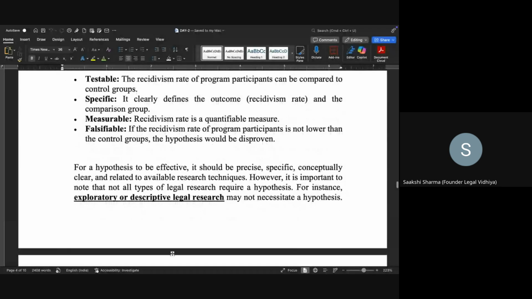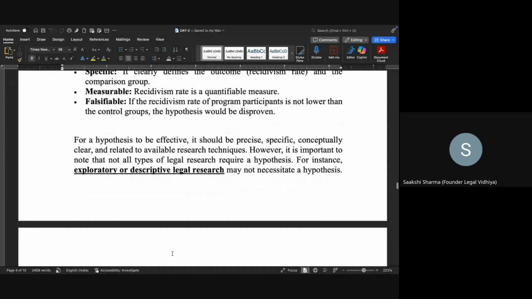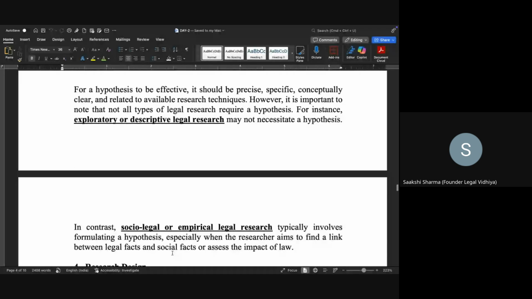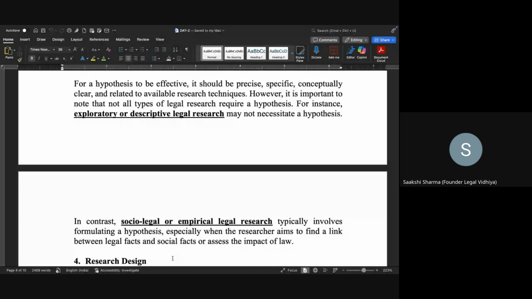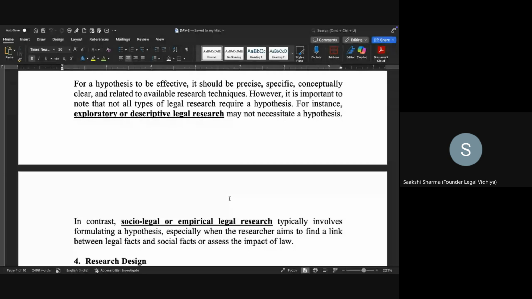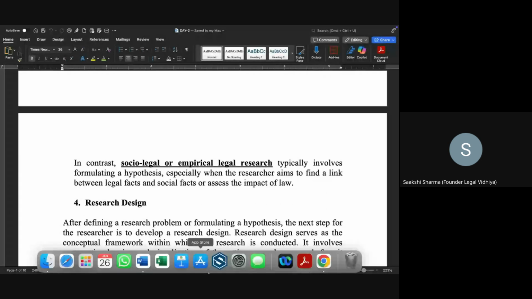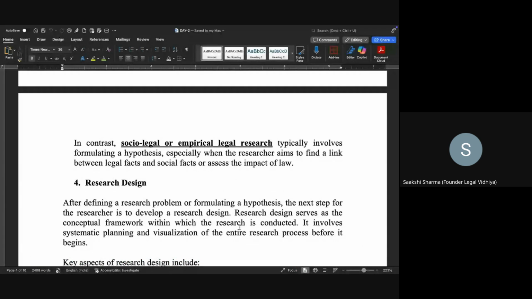So, whenever you do descriptive research or doctrinal research or exploratory research, you might not need to write a hypothesis. But when we do empirical legal research or socio-legal research, then you'll have to write a hypothesis to assess a fact. Then, coming to the fourth point, that is research design.